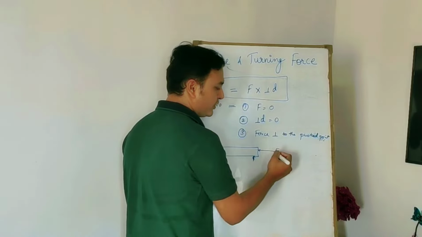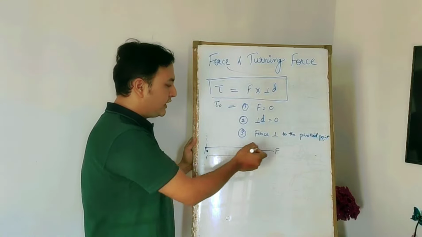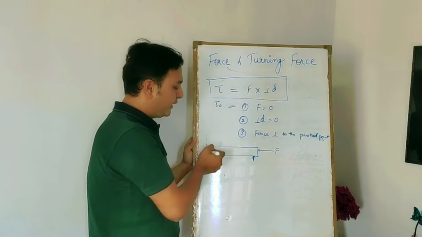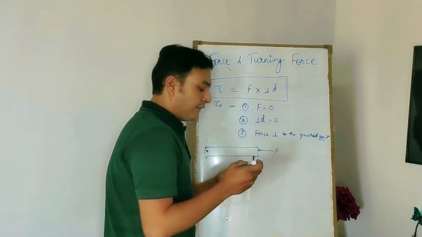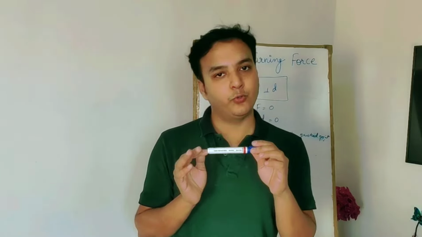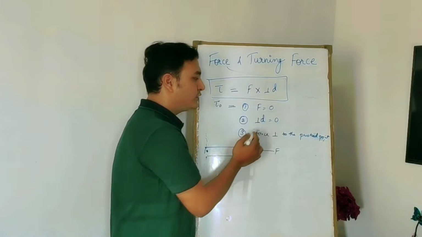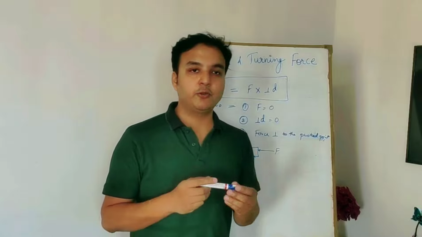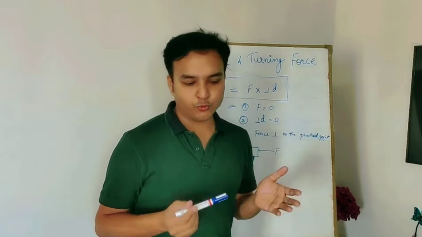If I apply a force here, the direction of the force is perpendicular to the axis of rotation, or I can say the applied force is perpendicular to the pivoted point. What will happen if I apply a force here? The body is not going to rotate. So this is how we can get tau as 0: apply no force, the perpendicular distance should be 0, or the force is perpendicular to the axis of rotation, or we can say it is perpendicular to the pivoted point also.